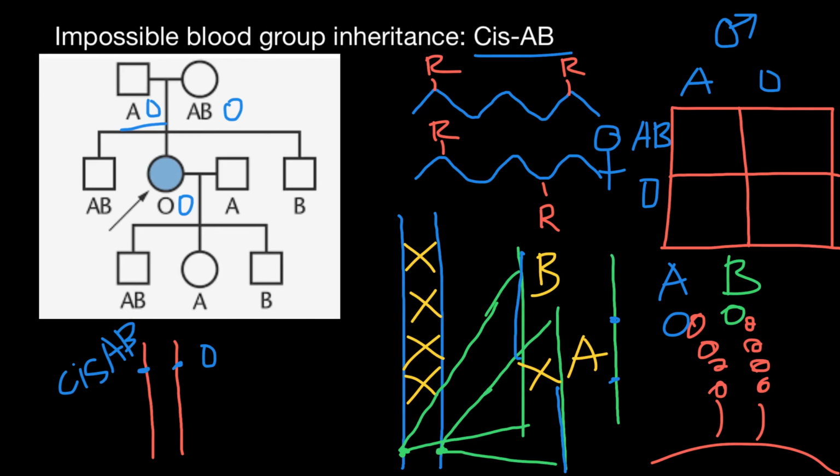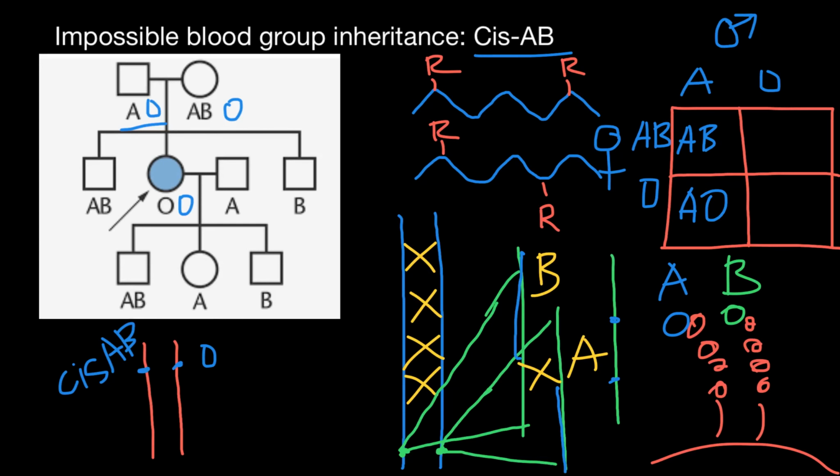So what is going to be the genotype and phenotype of this person? It's going to be A, B, A. But basically that means AB. Let's take a look at what we are going to get in this cell. A allele progeny can get from the male parent, and O allele can get from the female parent.